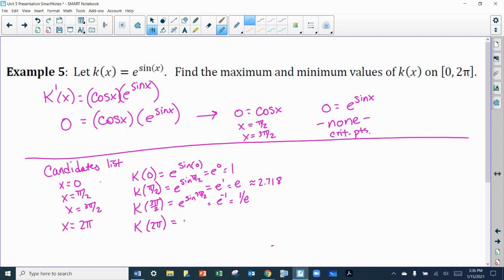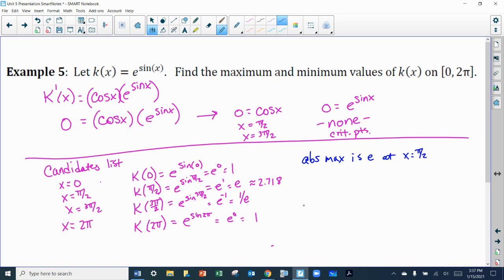k of 2 pi is e to the sine of 2 pi. Well, that obviously is e to the 0, which is 1. So we have absolute max is e, and that occurred at pi over 2.